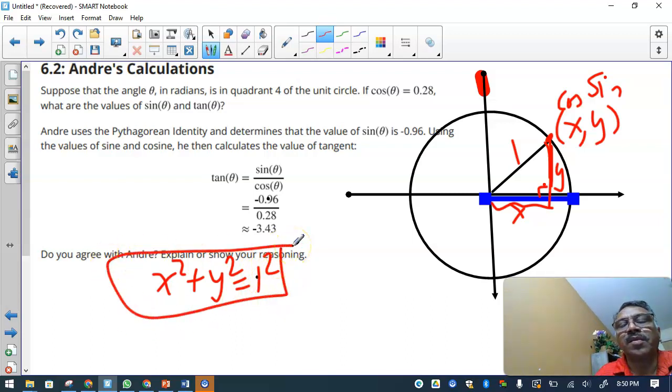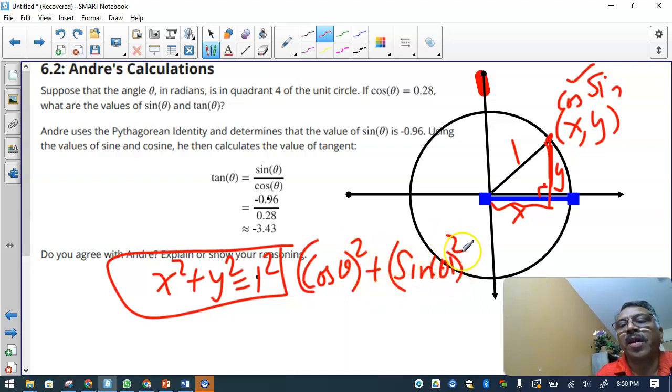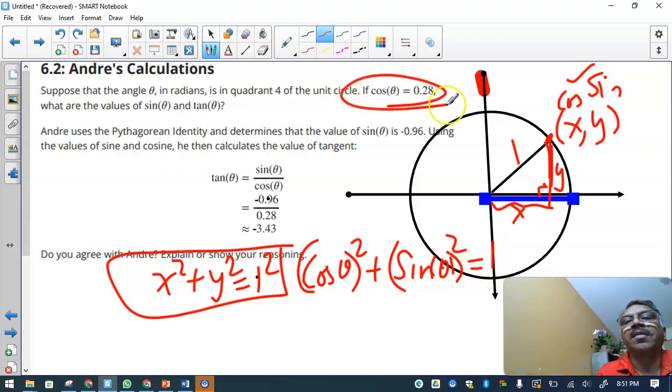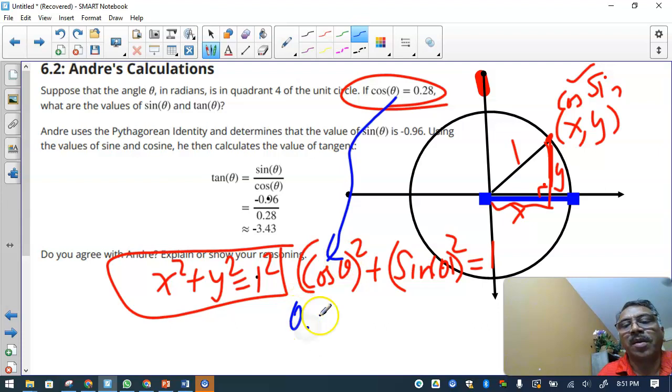That means x is cosine, right? So he uses cosine of the angle, then sine of the angle, squares them and sets it equal to 1. But cosine is already given, you just plug it in right here. So this becomes 0.28 the whole squared plus sine theta the whole squared equals 1.